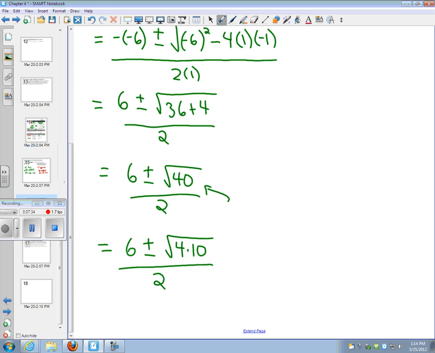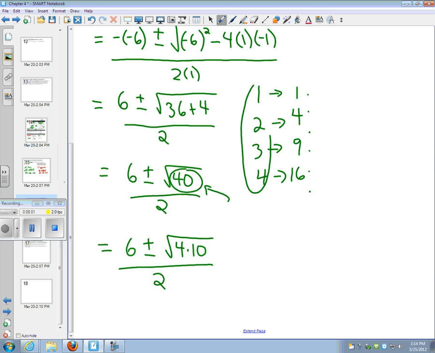Sometimes it might be valuable to keep a table of perfect squares: 1 squared is 1, 2 squared is 4, 3 squared is 9, 4 squared is 16. Keep these somewhere and in your mind, and always check whatever is underneath that radical sign for perfect square factors. It doesn't matter if other numbers are factors, it's only the perfect squares that you need to be looking at.